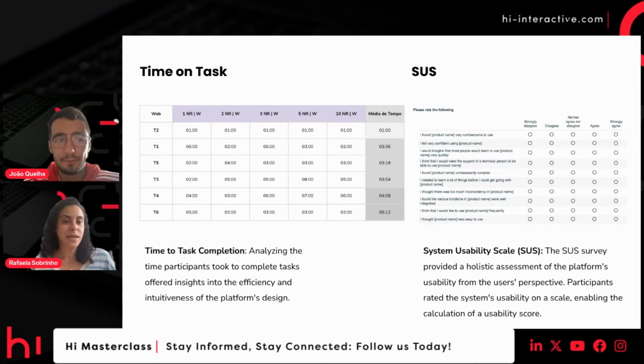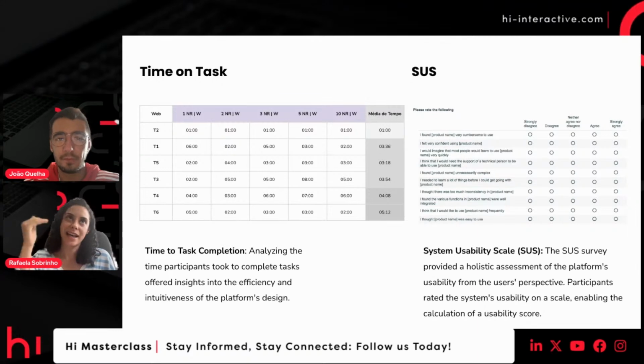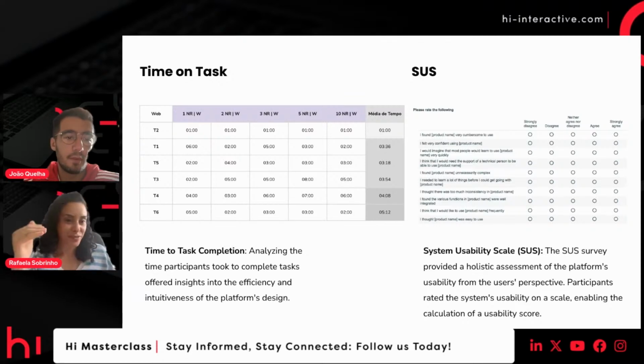It's a problem. Usually when they spend a lot of time doing a task, they don't complete it, or they do something wrong. So it's the same task that has a high number of errors, a low success, and a lot of time to complete it. So we connect all these graphics.